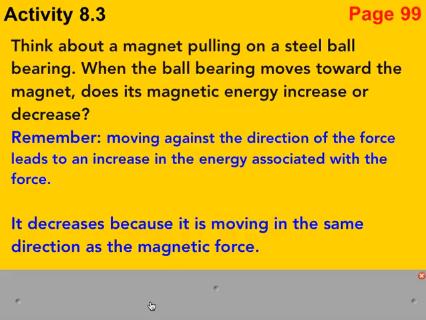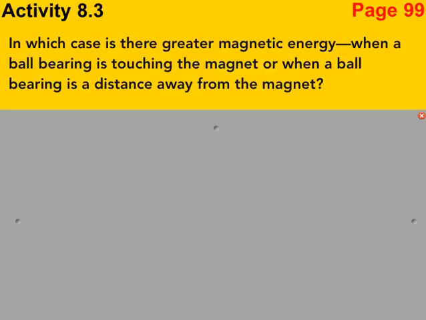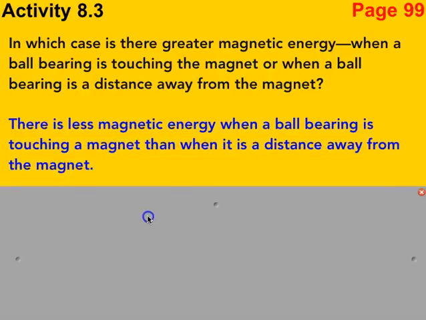As ball A moves closer and closer to the magnet, it's losing its magnetic energy. So, in which case is there greater magnetic energy? When a ball bearing is touching the magnet, or when it's at a distance away from the magnet? There's less magnetic energy when a ball bearing is touching a magnet than when it's at a distance away.